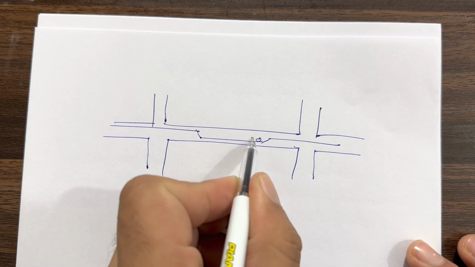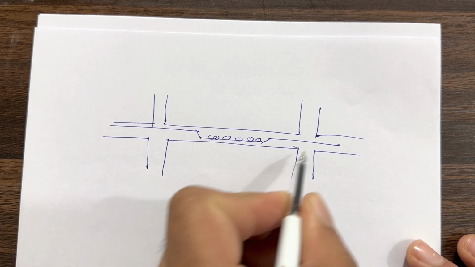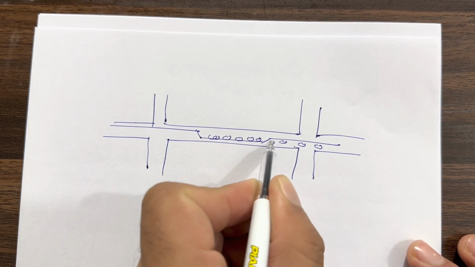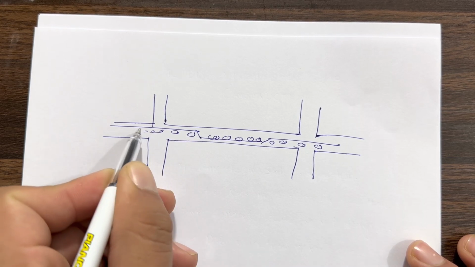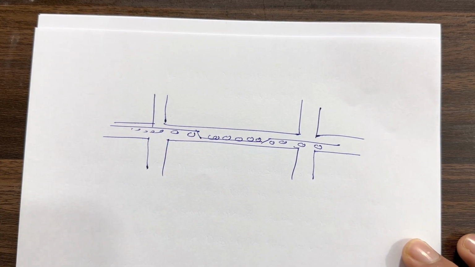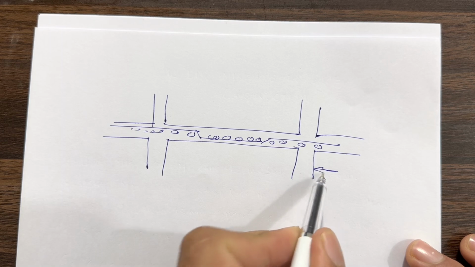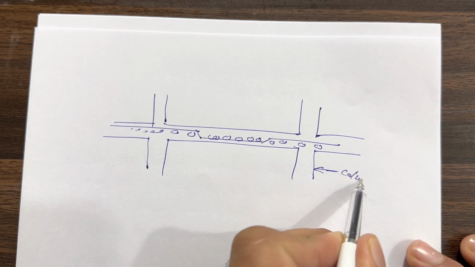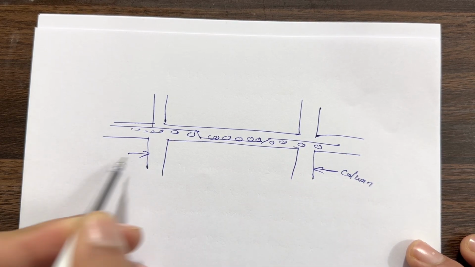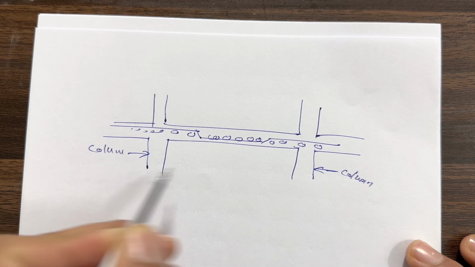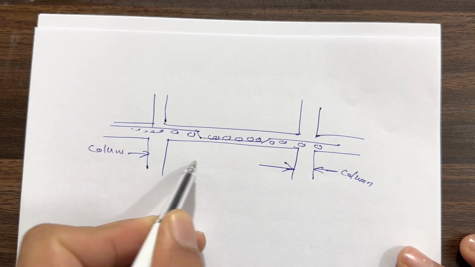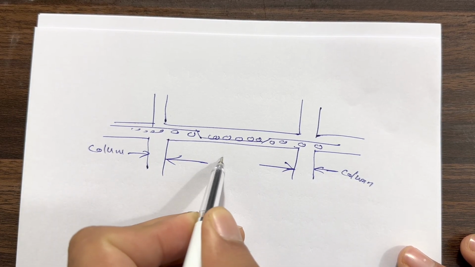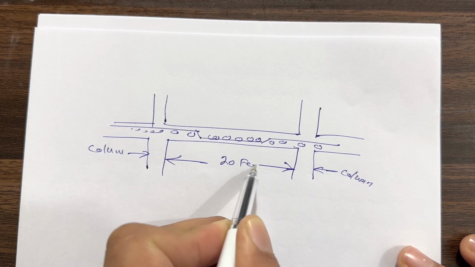So we are providing steel reinforcement here. As I told you before, this is a support, which is the column. This is also a support, which is a column. Here you can see what L is. Suppose L is 20 feet.